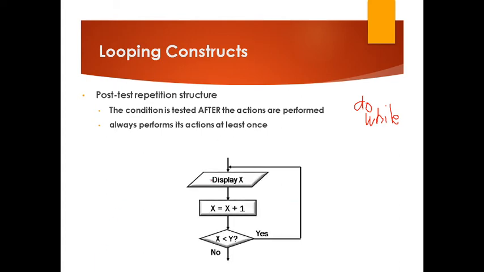For example, x is 2, y is 3. It displays 2 first, then increments 2 by 1. So it becomes 3. Then it goes back again. There you go. Again, it displays before it checks the condition. Earlier, condition before action.